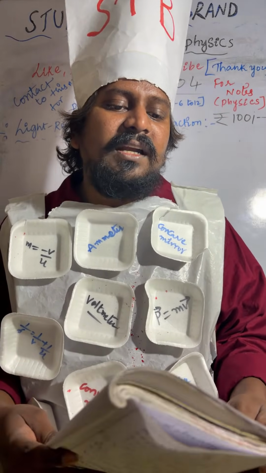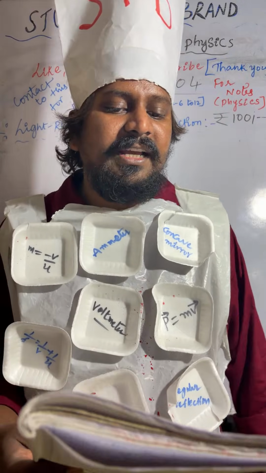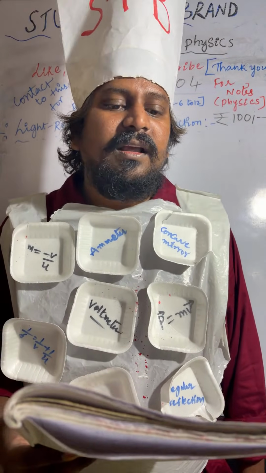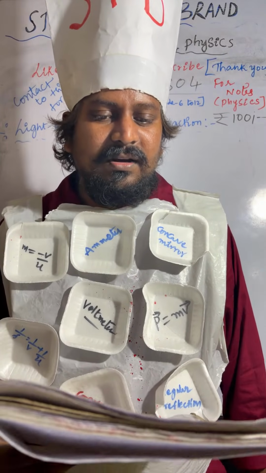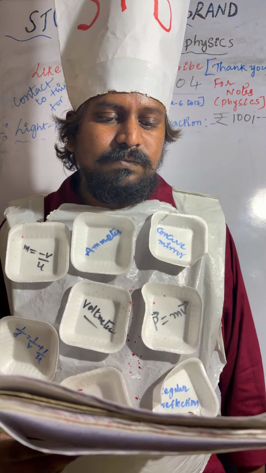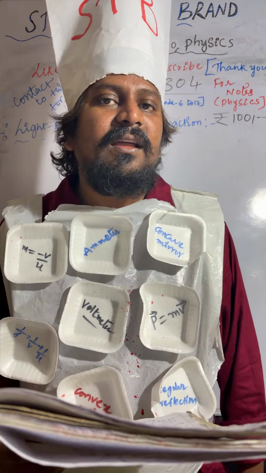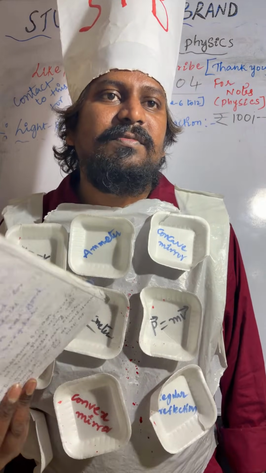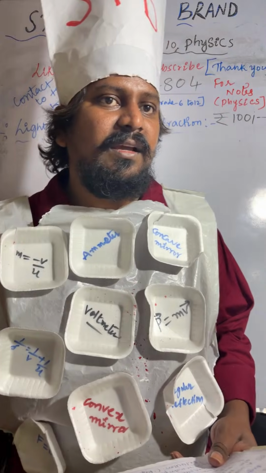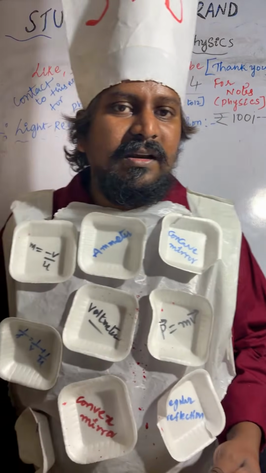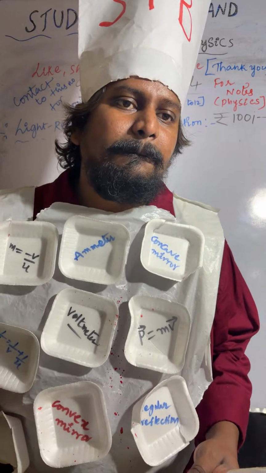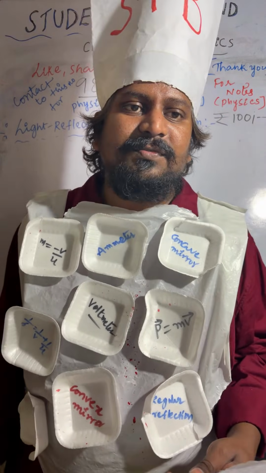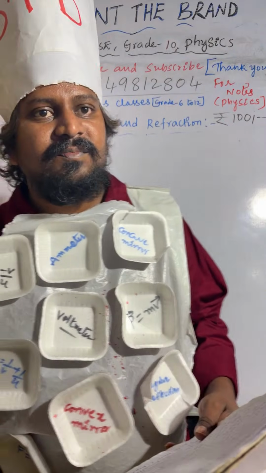Next one, what type of reflection of light takes place from a cinema screen? Regular or irregular? Irregular. On a plane mirror, what type of reflection of light takes place?